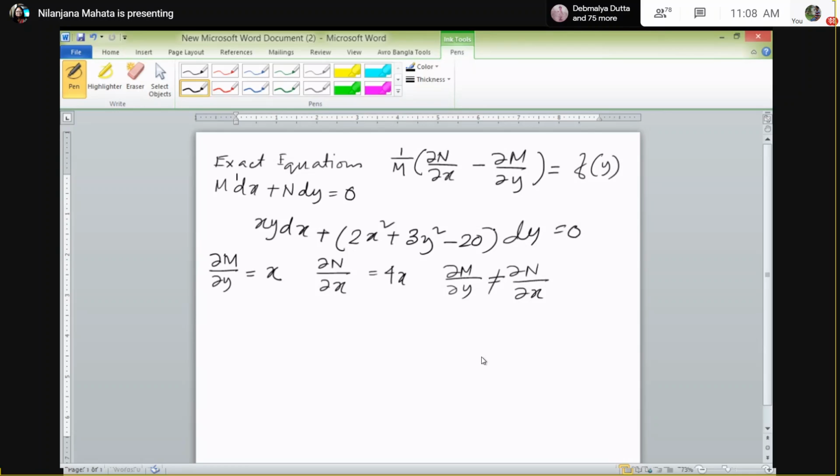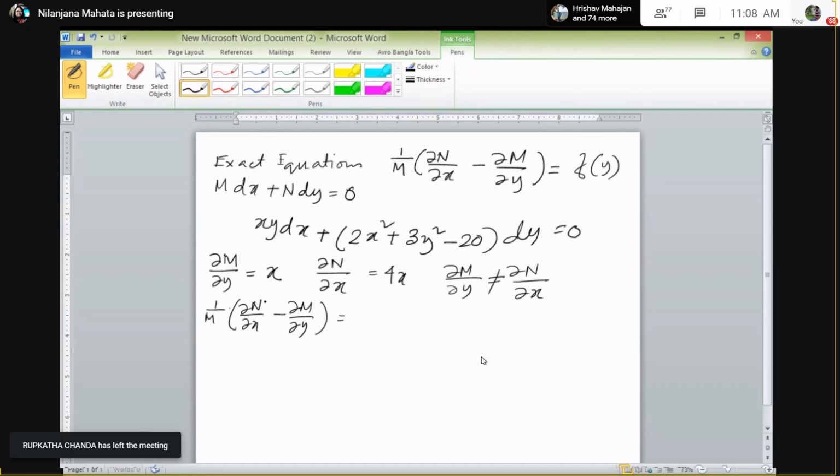Now you can see this del M del y is a function of x and del N del x is a function of x. Now your M is xy. So this is 1 by M (del N del x minus del M del y).